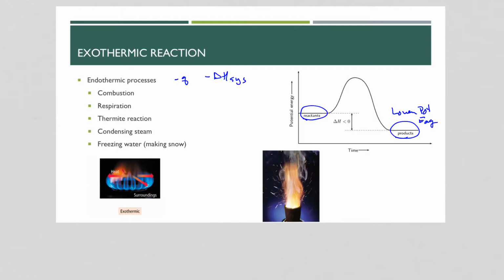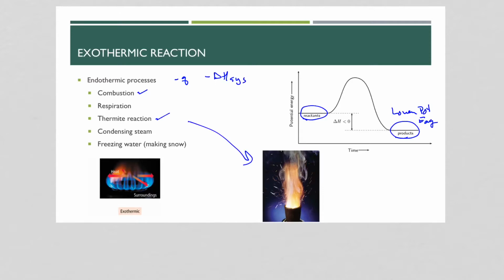So examples of this, anything that burns, cellular respiration. So in living organisms we have both examples of endothermic, like photosynthesis, or exothermic, cellular respiration. Thermite reaction, which is here.